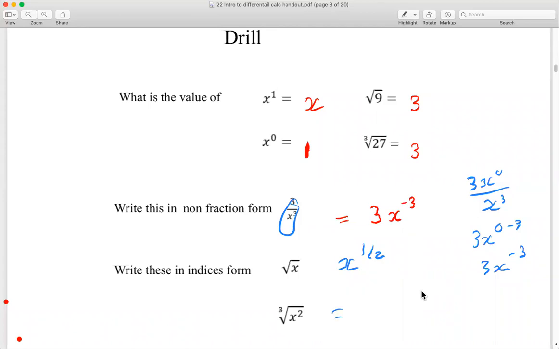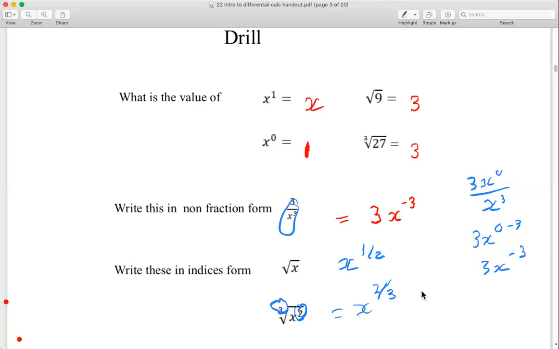And for this one, the number outside the root goes in the denominator. So this is x to the 2 for the squared, over 3. That's how you do that. If you think about it, this number always goes as the denominator of the fraction, and this one is the numerator. Okay with that, everyone? It wasn't too hard, was it?